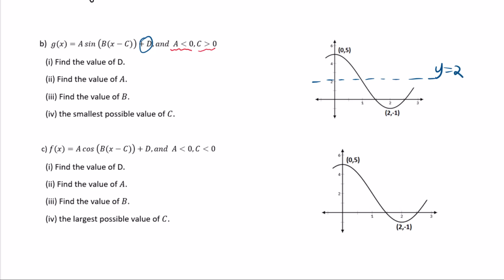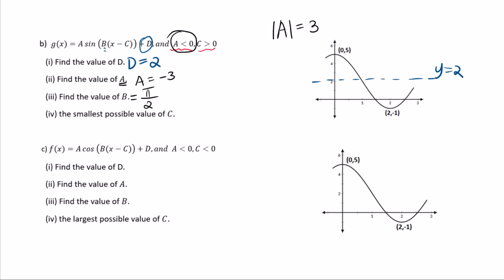In this function, d is the midline. d equals 2. Previous question, we already figured out b is pi over 2. Since a is negative, we know the amplitude equals 3. According to this given information, a equals -3.